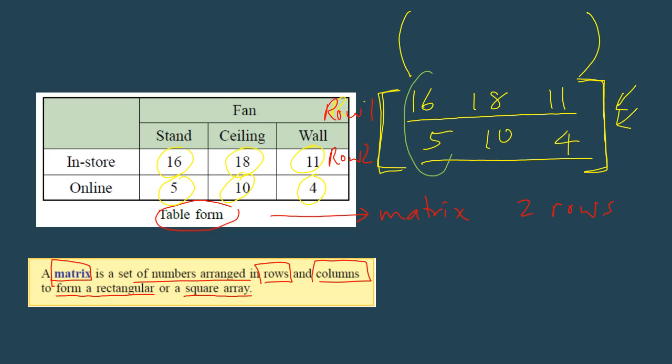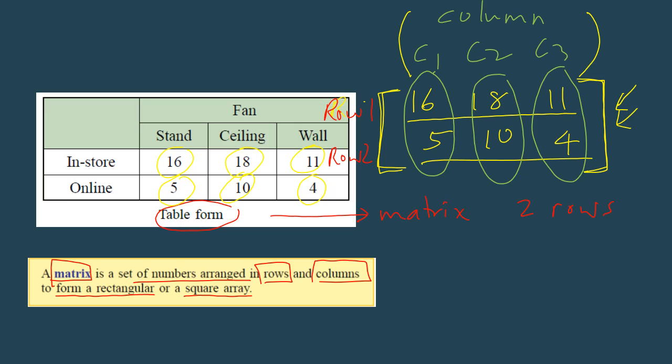This is column 1. This is column number 2. This is column number 3, or the third column. So you have 3 columns over here. Remember, rows are horizontal and columns are vertical. You don't mix it up, you will get confused later. So please, rows and columns you must be very good at.